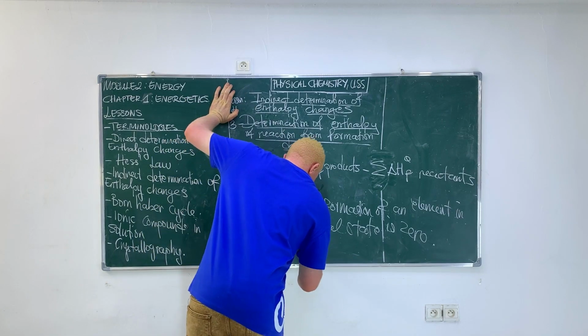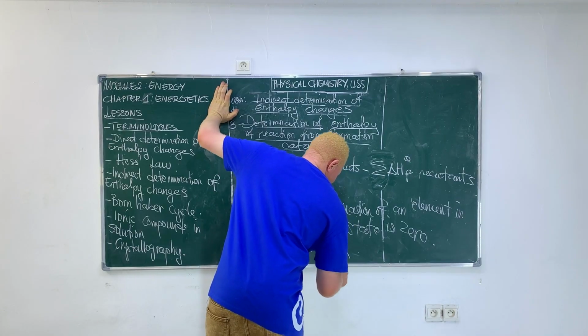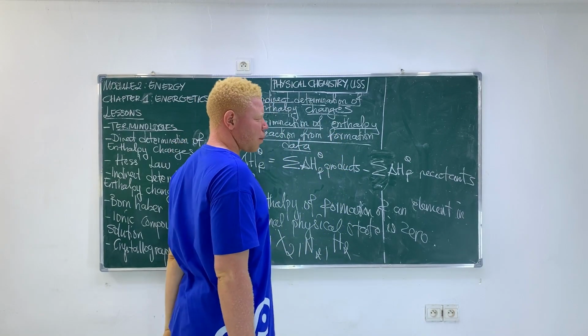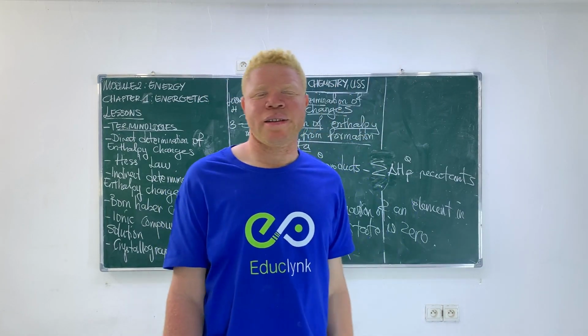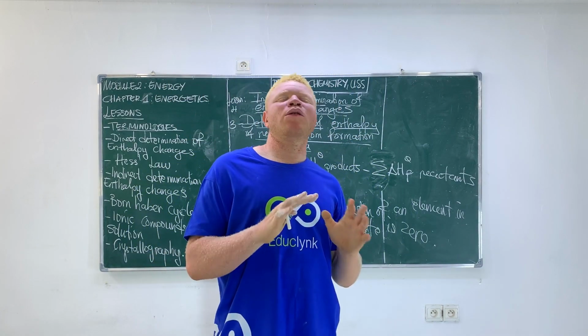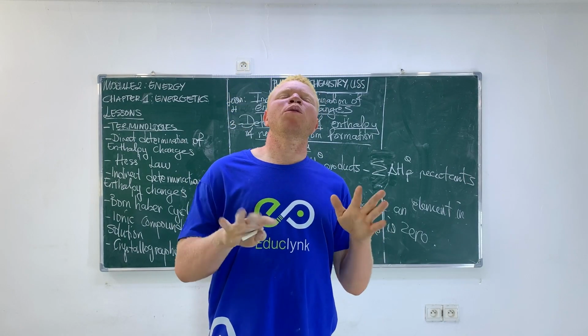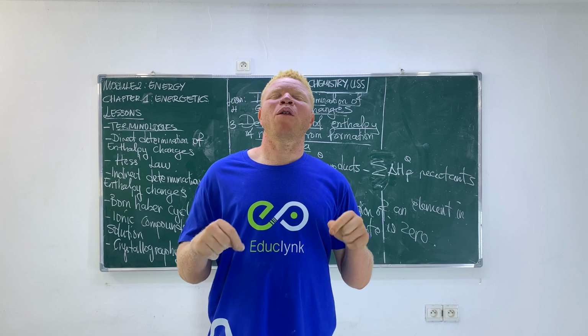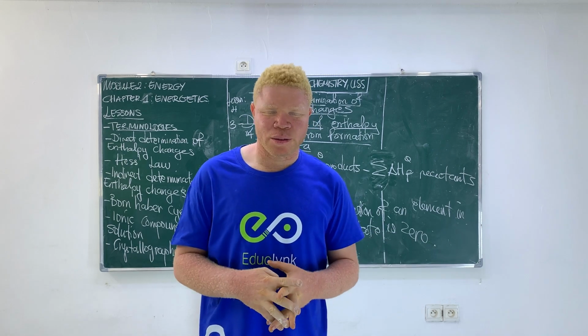Nitrogen, hydrogen, 0. And if they don't give it to you, some of you will ask if there's an error in the equation. There's no error in it. If they don't give it to you, that means you are not supposed to be given it. So the enthalpy of formation of an element in its normal physical state is 0.